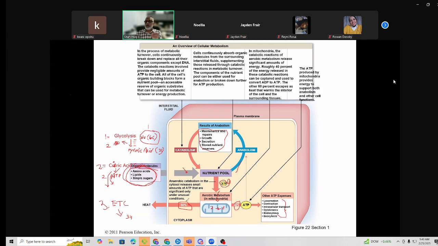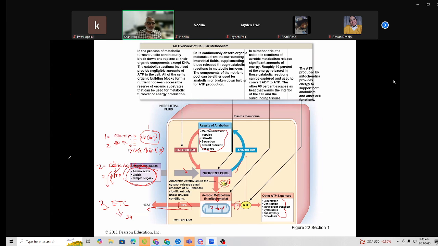Otherwise, if we did not have a surplus, but the opposite, if you do not have enough ATP, then we would not survive. And this 60% of ATP is actually lost through the body as heat energy. That's why our body is always warm. You touch the body compared to the atmosphere, it is always warm.